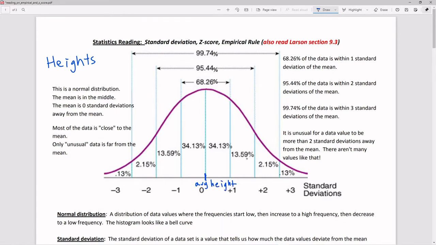Right in the middle is the average height, and most people are pretty close to that. We're going to talk about what close means exactly in a second, but just eyeballing it, most people are here, and that's how you can see it in the picture: this curve is tall. That means there are a lot of people in here.